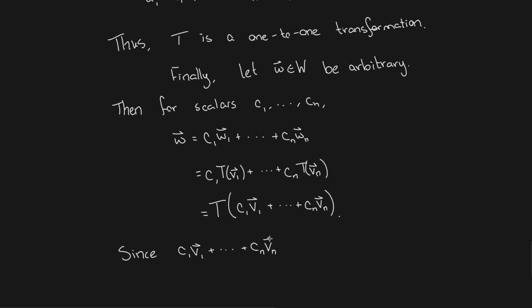Because V is a vector space and therefore closed under vector addition and scalar multiplication. So if I scalar multiply these vectors, add them together, I'm still in vector space V. Okay, so if I'm plugging something in vector space V in and getting vector w, that means the transformation is onto. Because there was nothing special about vector w.